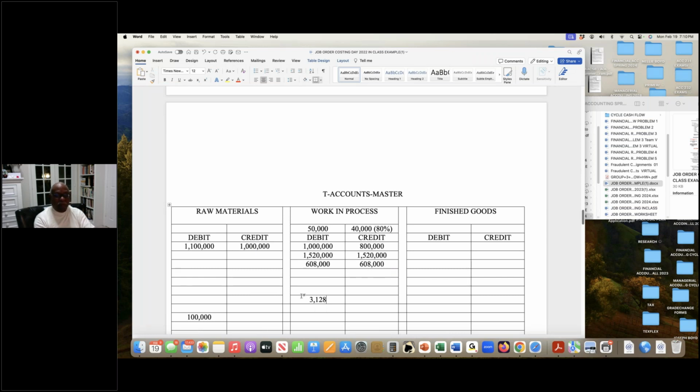We had 3,128,000 in costs to make this item. But the ink will still be there to work on the books for next time. All the labor and all of the overhead comes out. So we're going to transfer out 2,000,000.